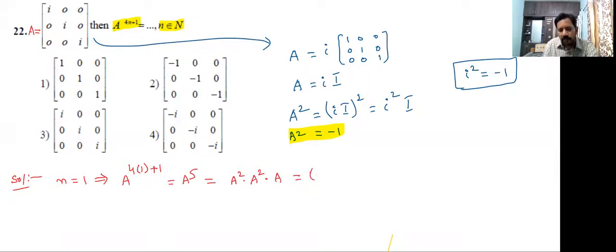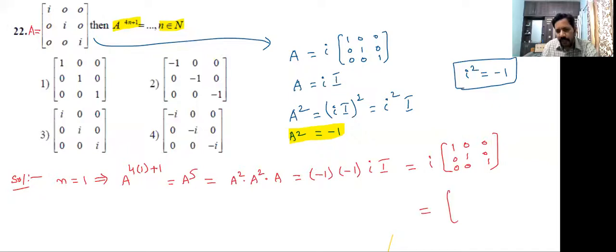Substitute: -1 into -1 into A. A means small i into capital I. Finally, how much are we getting? i into capital I. Capital I means what? 1 0 0, 0 1 0, 0 0 1. That value should be i 0 0, 0 i 0, 0 0 i. This is the answer. If n is equal to 1 I have taken, I got this.